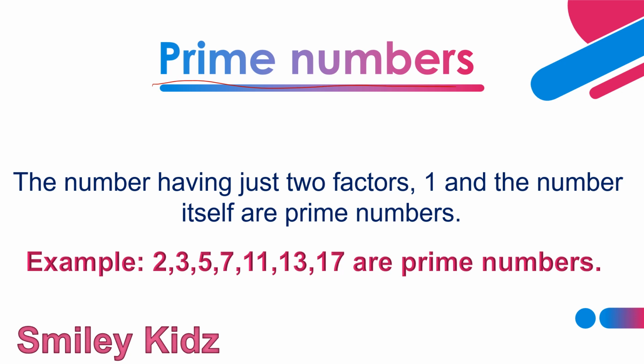Prime numbers. The number having only two factors 1 and the number itself are prime numbers. Example 2, 3, 5, 7, 11, 13, 17 and so on are prime numbers because 2, 3, 5 and so on have only two factors 1 and the number itself.